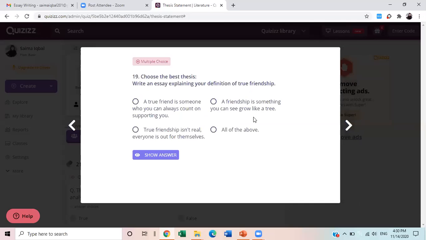This is interesting. Choose the best thesis. Write an essay explaining your definition of true friendship. A true friend is someone who you can always count on supporting you. True friend isn't real. Everyone is out for themselves. A friendship is something you can see grow like a tree. All of the above. What do you think? What can be the best thesis?